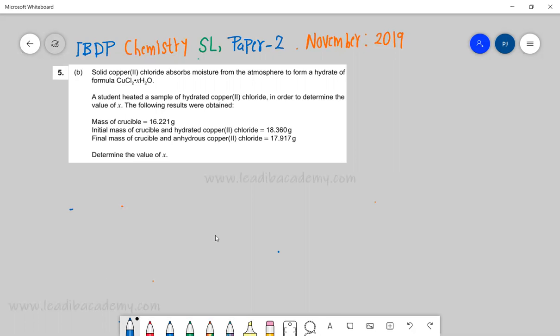Okay, I'm just showing. This is the mass of empty crucible, which is equal to 16.221 gram.